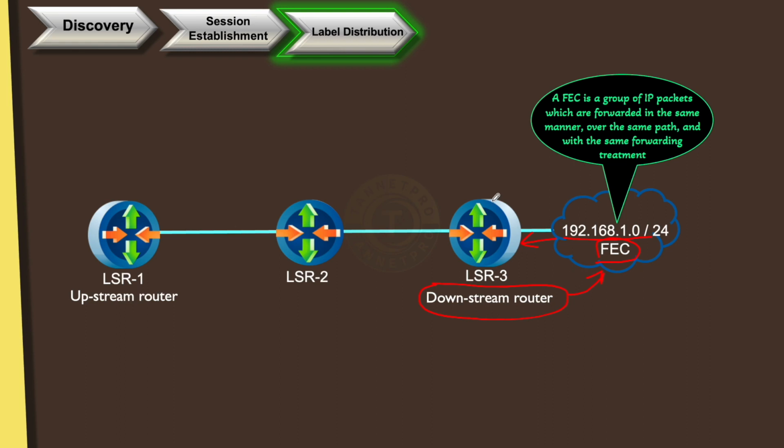For this router, LSR1 will be treated as an upstream router, and for LSR1 the LSR3 will be treated as a downstream router. In the same way, router 2 will be considered an upstream router in terms of FEC, and for LSR2 the LSR3 will be considered the downstream router. So hope you understand, downstream and upstream are always considered based on the prefixes or the FEC, right?